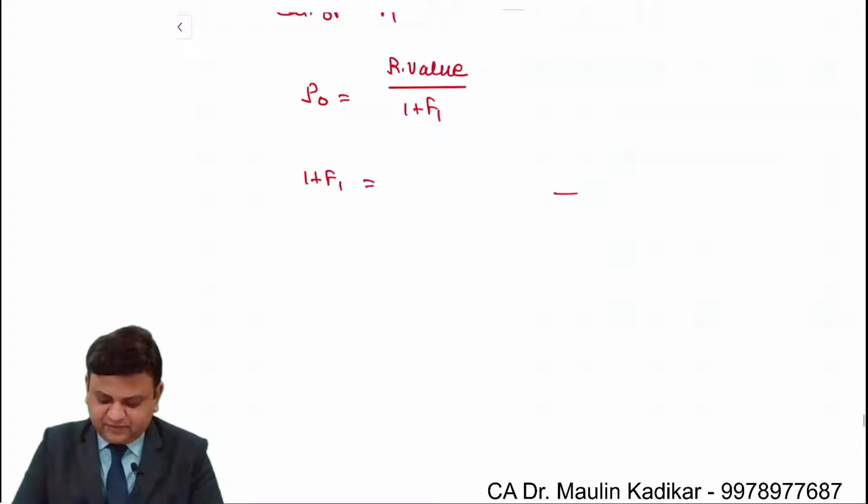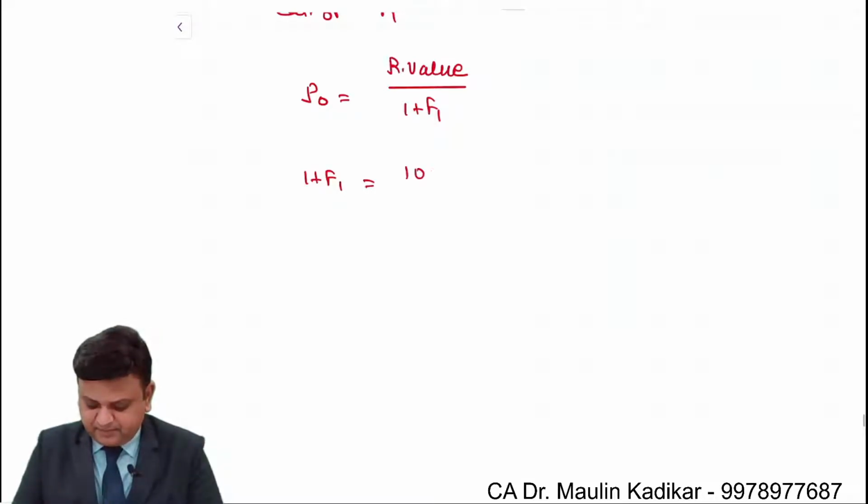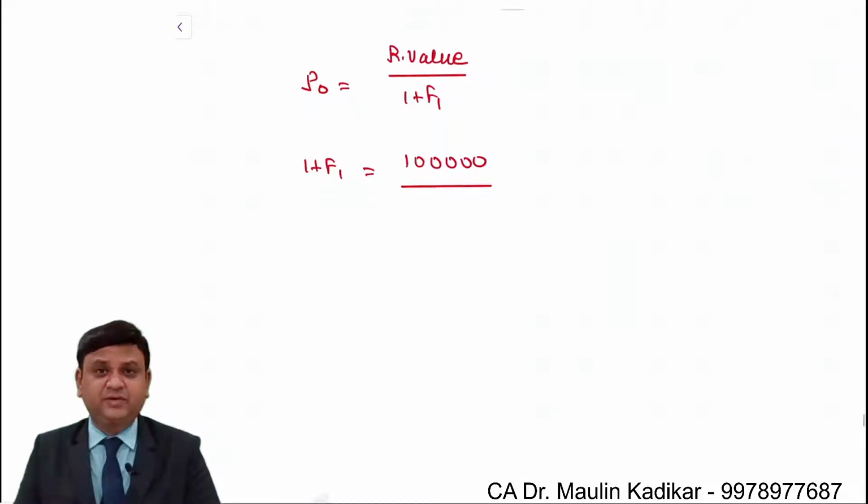So 1 plus F1 is equal to redemption value, that is 1 lakh, divided by P0, that is 91,000.